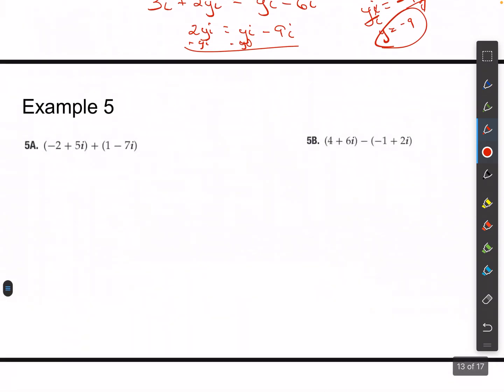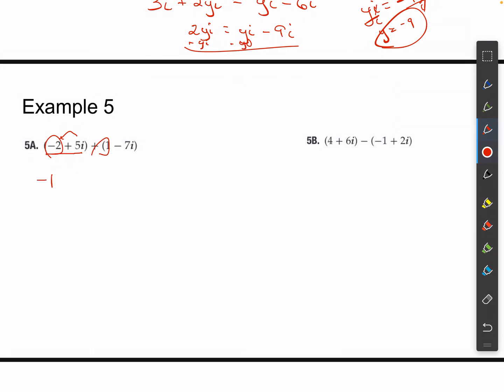Okay, so here's a couple more for that. So for this guy here, notice that this all acts as one thing, but these aren't being multiplied in here, so I can separate them. I can combine the real parts of this, and I would get negative 2 plus 1, which is negative 1.